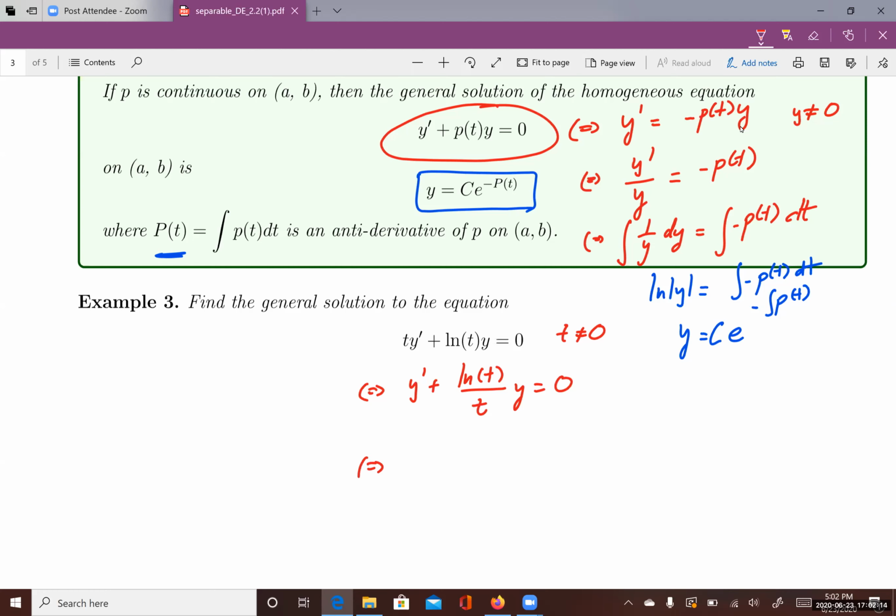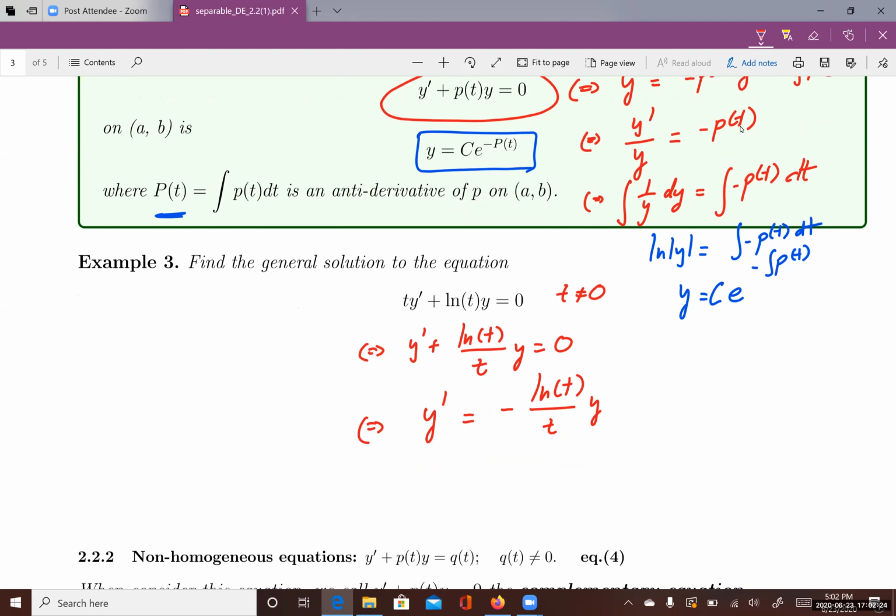So I will move this to the other side, negative ln t over t times y, and move y to this side. So this is going to be dy over y equals negative natural log of t over t dt.